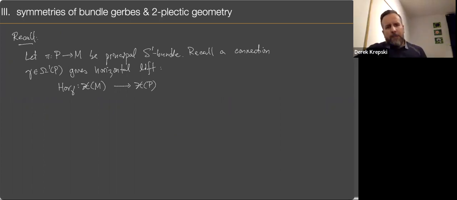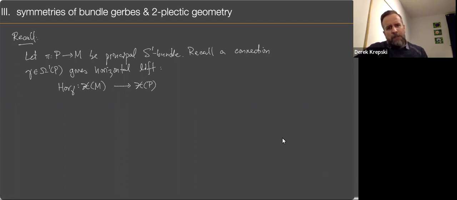Okay, so the first thing is kind of elementary. Recall, to motivate the discussion, that for principal S1 bundles, a connection form gamma gives you a way to lift vector fields on the base to vector fields on the total space, right? You get this horizontal lift of vector fields, and that comes from the data of the connection.